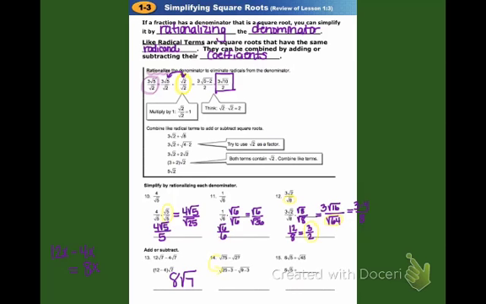But if I break the square root of 75 down by taking out the perfect square factor of 25, it turns out that this is 5 square root of 3. If I do that same thing with the 27, that turns out to be, because it's the square root of 9 times the square root of 3, 3 square root of 3. Now those are like radicals, and if I subtract 3 square root of 3 from 5 square root of 3, I get 2 square root of 3. And that's my final answer there.